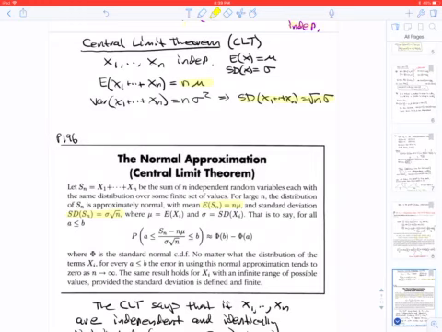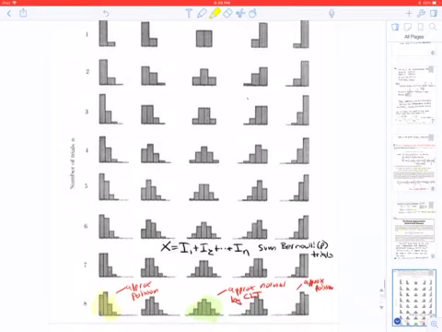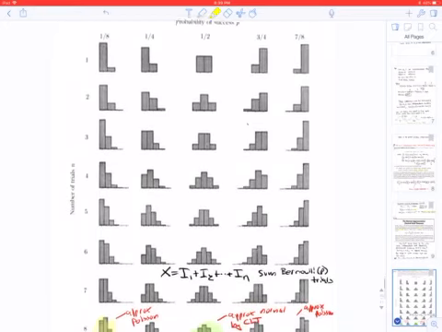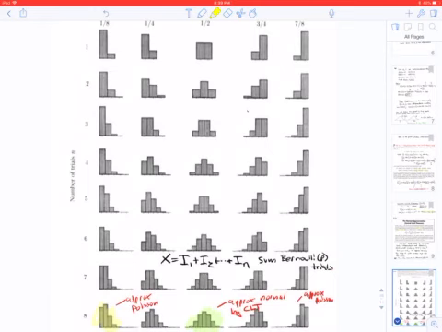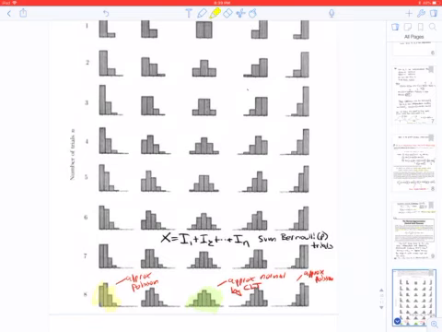And honestly, we've seen an example of this. I'm just going to go ahead to this next slide here, where basically we saw that for binomial, when p is close to half, that binomial distribution looks approximately normal.